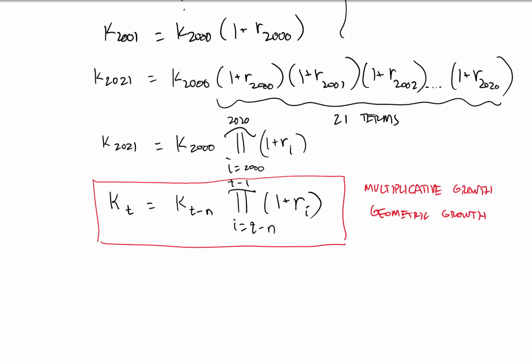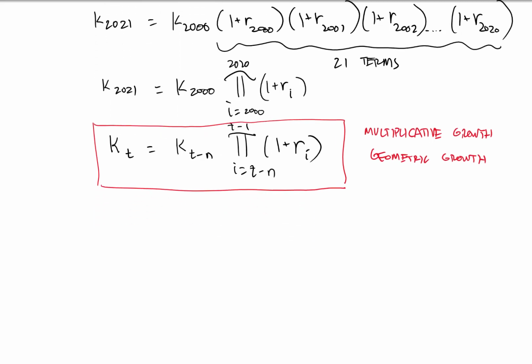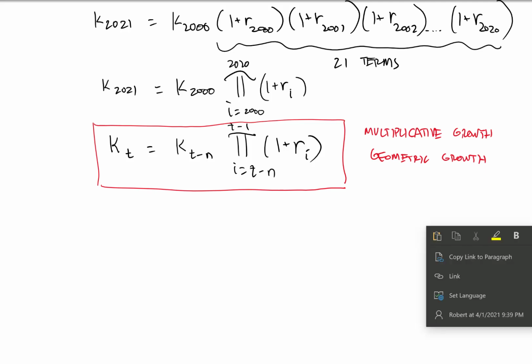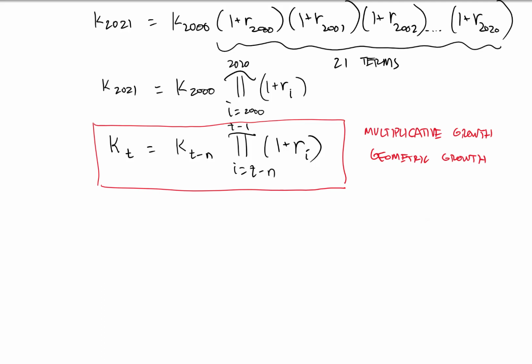So this is the famous geometric growth that Malthus talked about in 1798. Let me point out a couple of other things here. This describes the population in the year 2021 as the population in the year 2000 times the growth rates in those years. Suppose we had future growth rates, we can actually project forward.